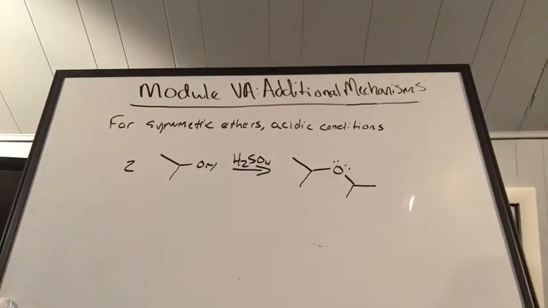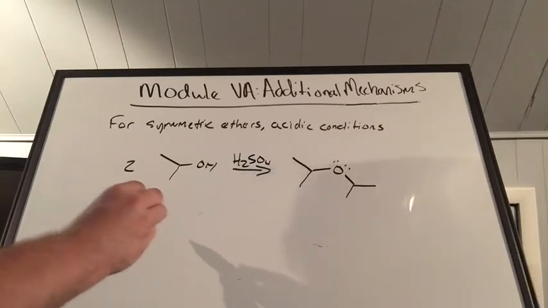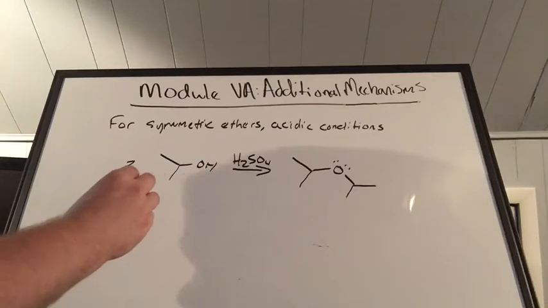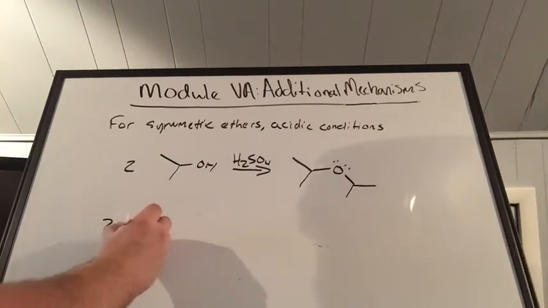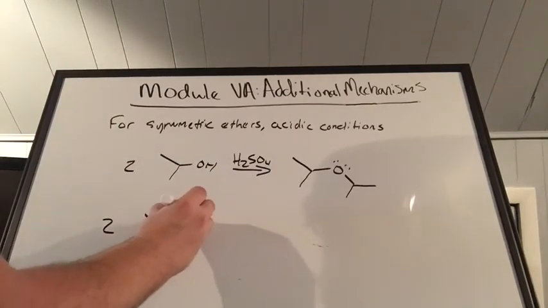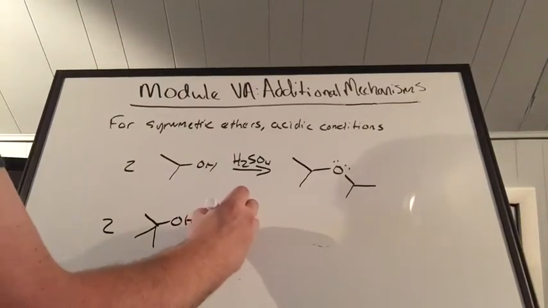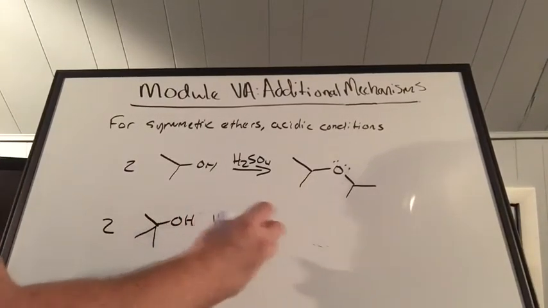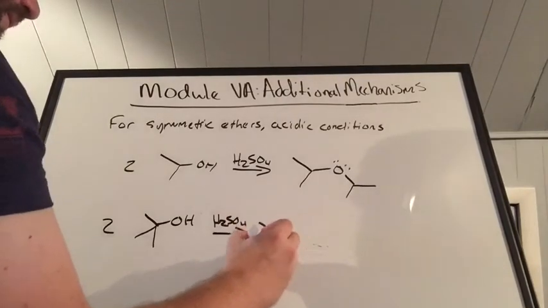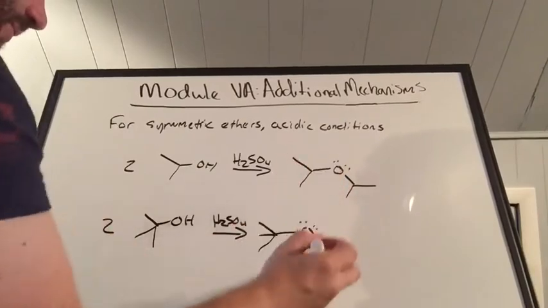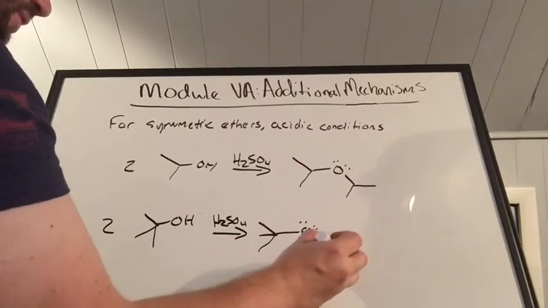Or if we, let's say, take two equivalents of tert-butyl alcohol, use H2SO4, we're going to get the equivalent of what we see above, just with two butyl groups.